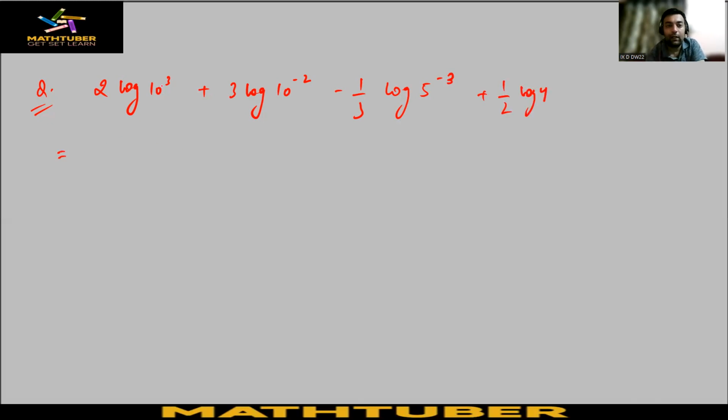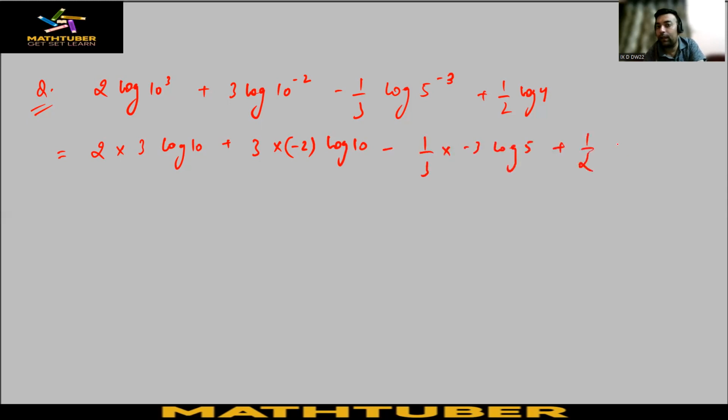So I told you that the powers will come in front here. So 2 into 3 log 10 plus 3 into minus 2 log 10 minus 1 by 3 into minus 3 log 5 plus 1 by 2 log 4, which can be written as 2 square.